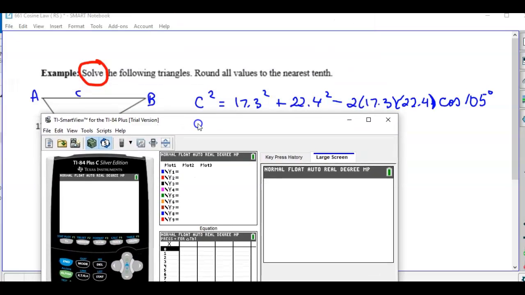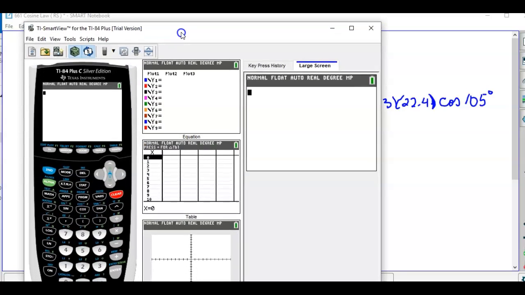So 17.3 squared plus 22.4 squared minus 2 times 17.3 times 22.4 cosine 105.